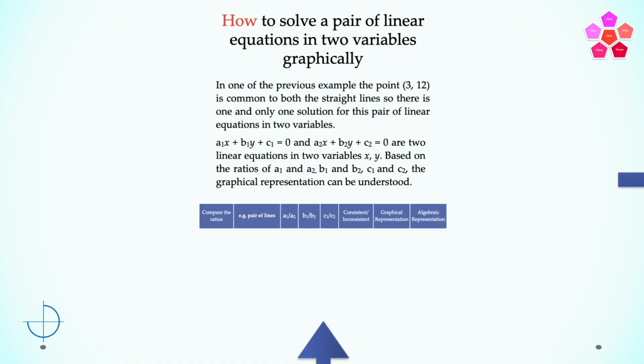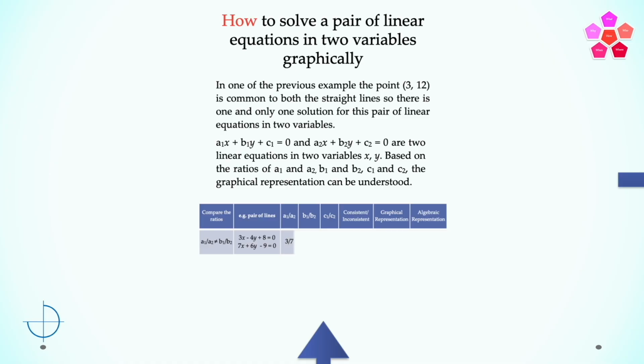In the first representation, we see a1 by a2 is not equal to b1 by b2. In this scenario, we have taken an example as 3x minus 4y plus 8 is equal to 0. Another linear equation in two variables is 7x plus 6y minus 9 is equal to 0.